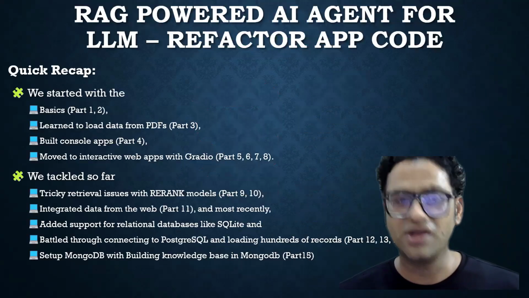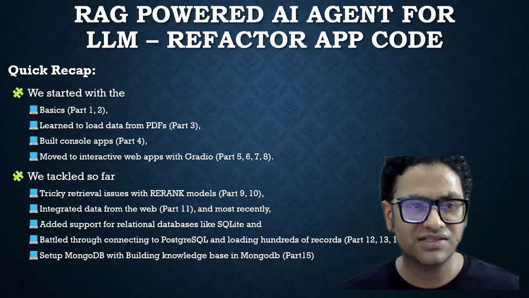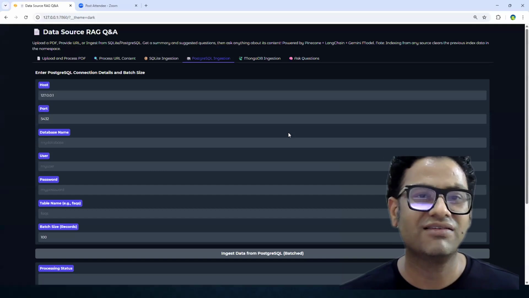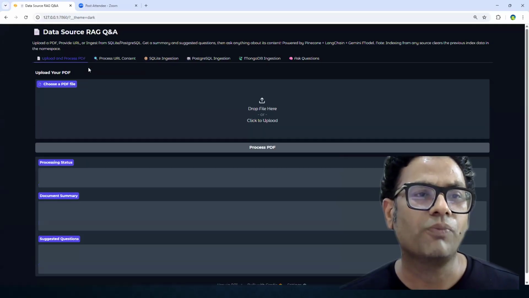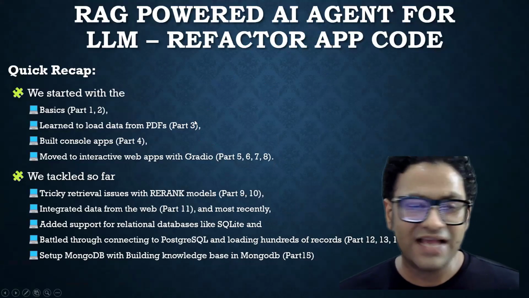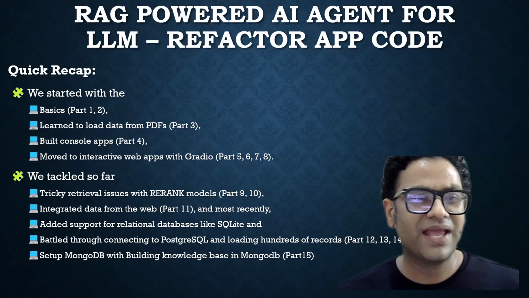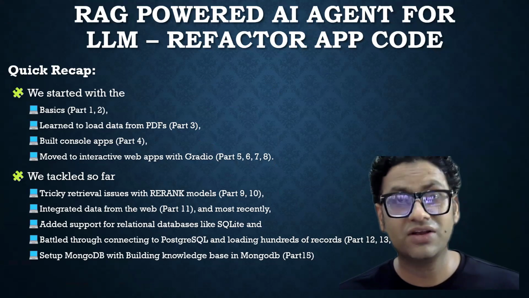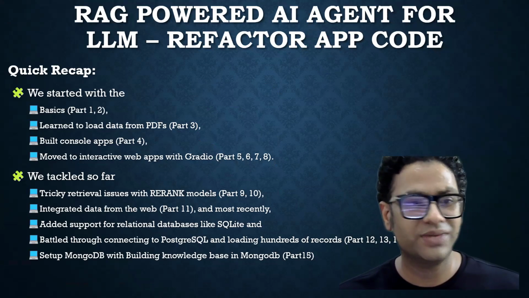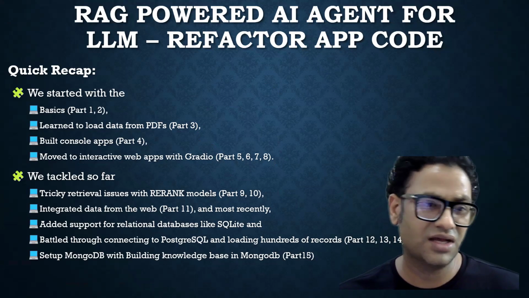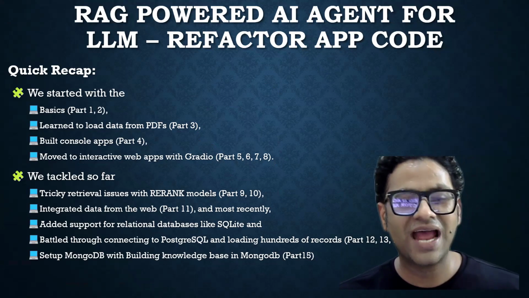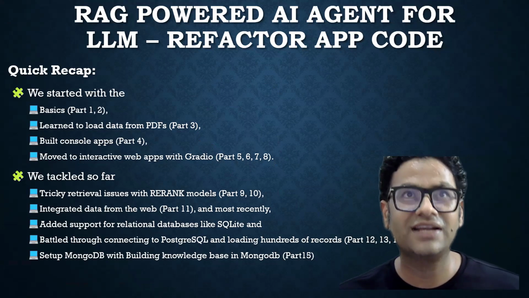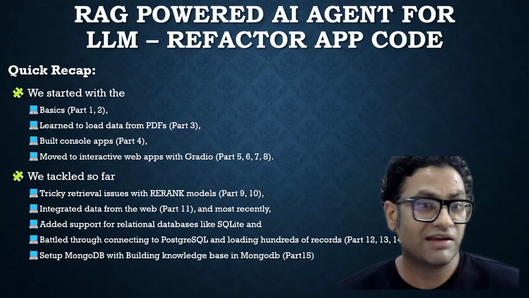But what we want now, right? This is how we started. This is the entire journey of our application to the current state. As a recap, in part 1, we understood the basics, then we understood how we can load the data from PDF, then we converted our console application to the Gradio based UI application. We made it an interactive application, added a creation of a summary for the entire content.